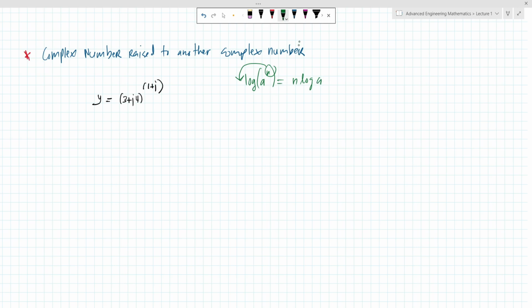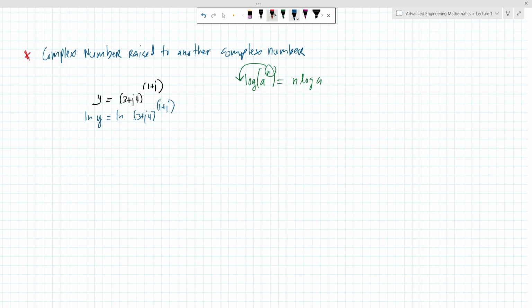So let's start by taking the natural log now. I prefer the natural log because the natural log of a complex number is much simpler than the common log of a complex number. So let's take the ln of both sides: ln of y, and then the ln of 3 plus j4 raised to 1 plus j.